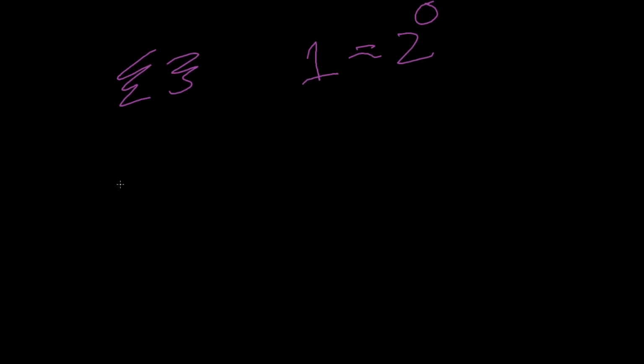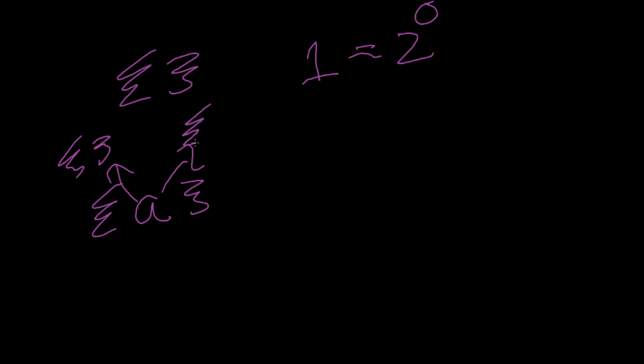Suppose we have a set containing one element, let's call it A. Then there are two scenarios to account for. One where A is not included, so we just have an empty set, and one scenario where A is included.